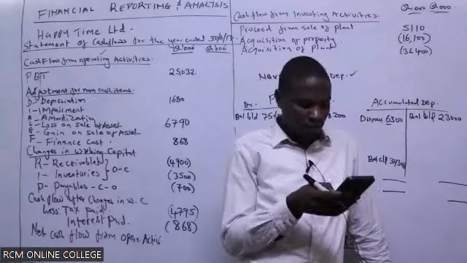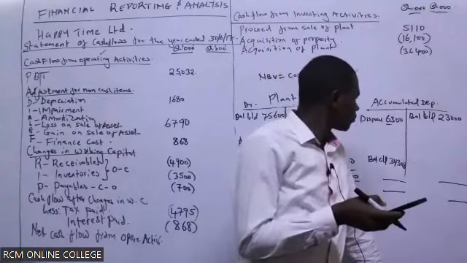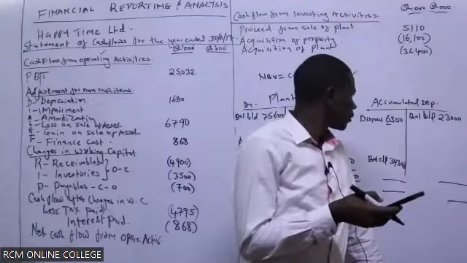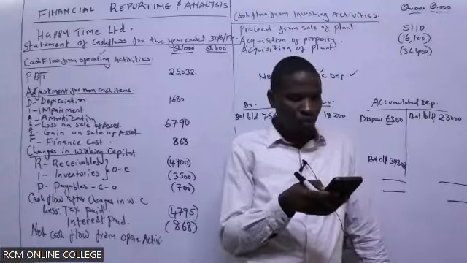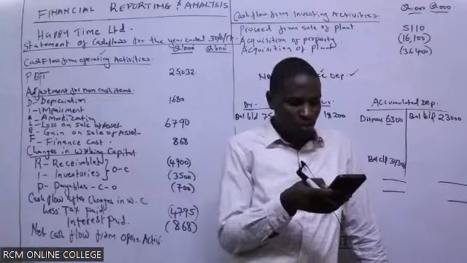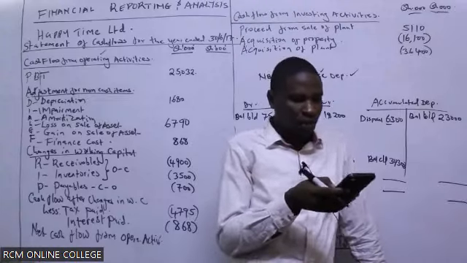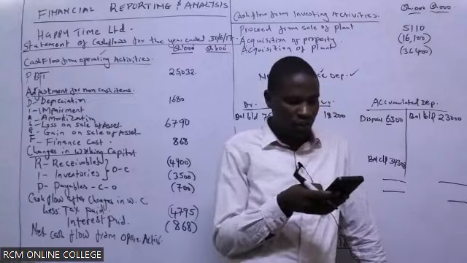Just look at what we have. Let's balance our accumulated depreciation and see. 17,600, that is our accumulated depreciation. We are getting 17,600.